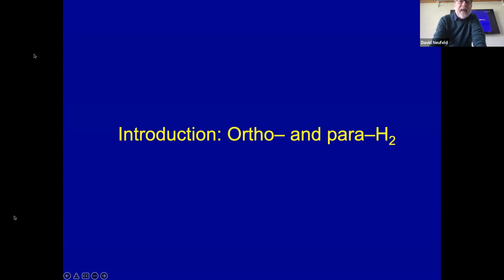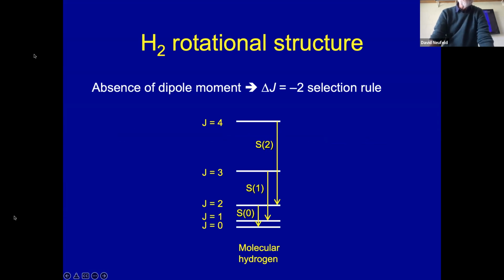Okay, so let me now take a sharp turn to molecular physics and talk about ortho and para hydrogen. As a reminder, if we look at rotational states of hydrogen, they're very simply arranged with the usual spacing that you expect for a diatomic molecule that doesn't have any spin or orbital angular momentum.